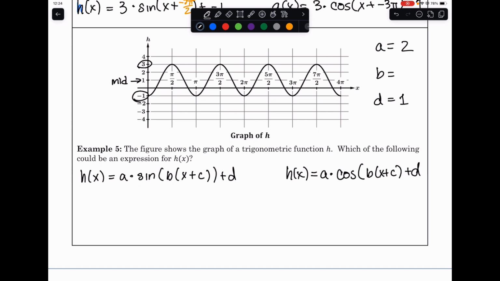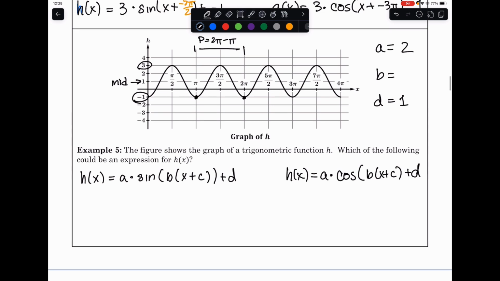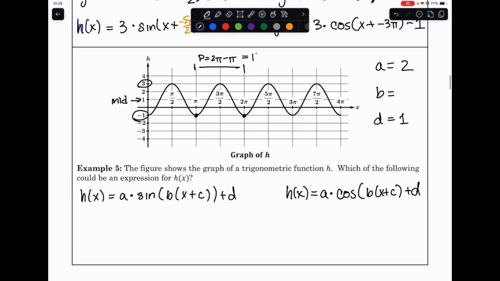And now let's figure out our B. Let's get our period. So let's do these whole number ones. This is a whole number. This is a whole number. So our period is 2 pi minus pi, which is equal to pi.